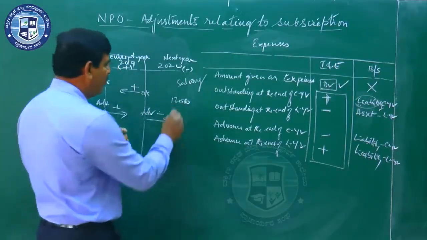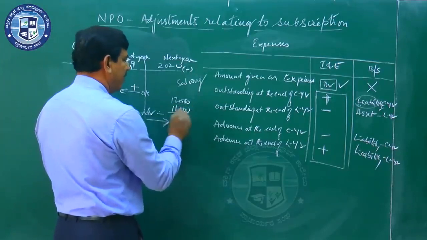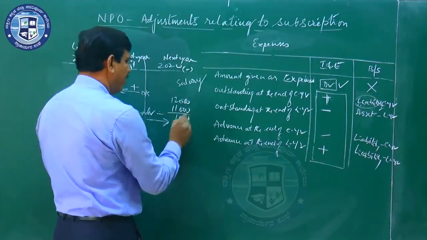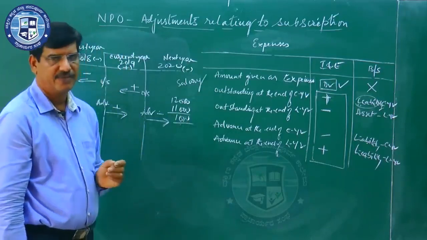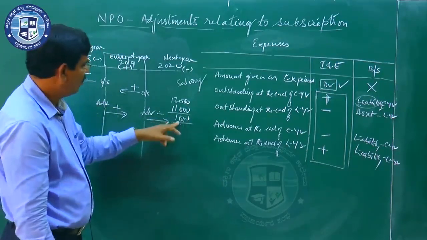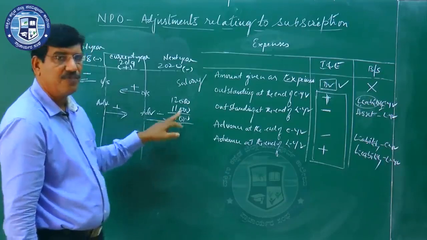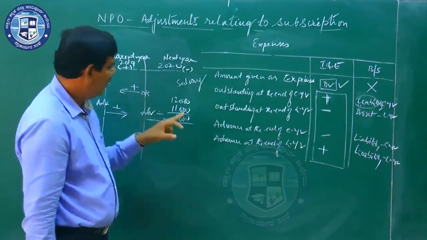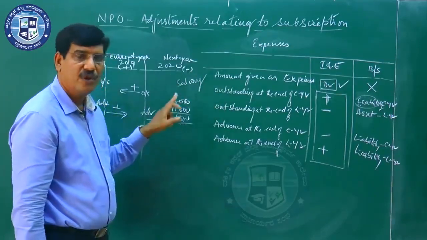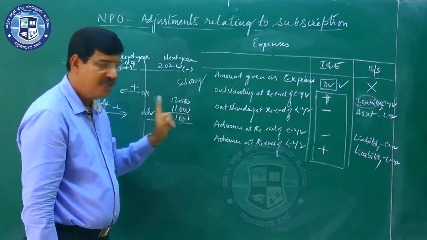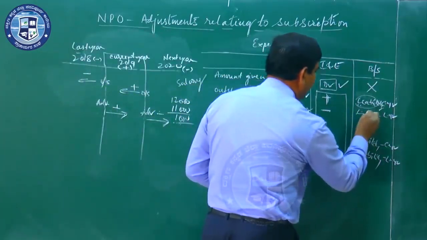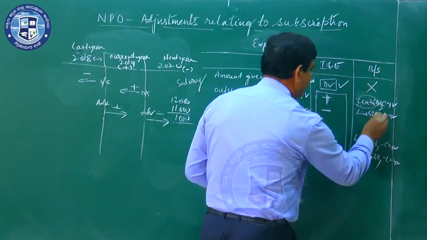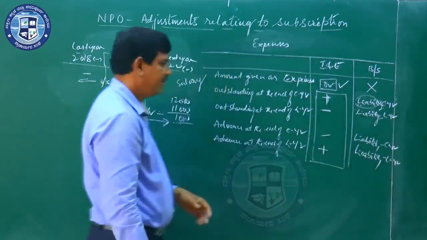But you have paid only 11,000 rupees, 11 months salary is paid. 1,000 salary is unpaid or outstanding. Is it not the responsibility of the organization to pay this amount? Is it not the liability of this organization to pay this amount? Yes, it is the liability. So any outstanding expenses, they must be considered as liability.